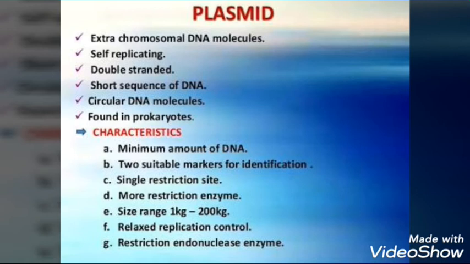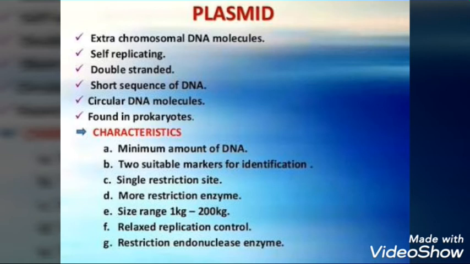Here is one more slide about the plasmid. In bacteria, a plasmid is an extra-chromosomal DNA molecule, a self-replicating, double-stranded, short sequence of circular DNA found in prokaryotes.